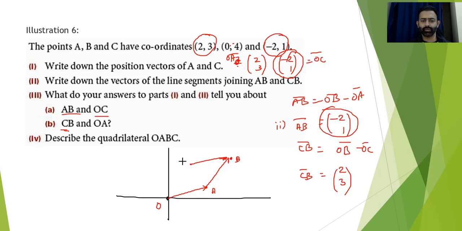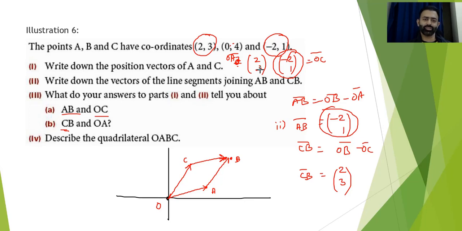Lastly, we have OC, as AB and OC are equal. So this is AB and this is OC. Please mind the direction. As AB and OC must be equal, AB is in this direction, the positive y, so OC should also be in the same direction. If you take the cyclic order, first vector OA, then AB, then BC, you will get a negative in this vector.